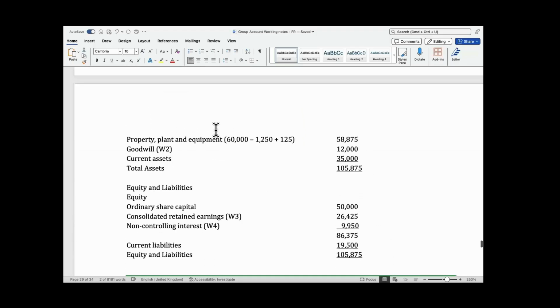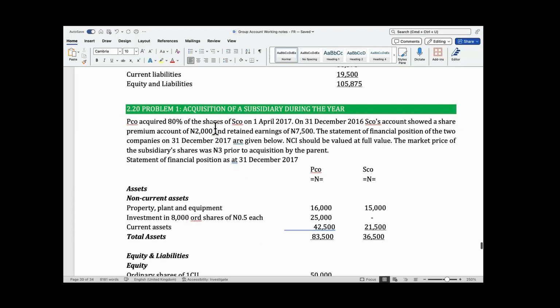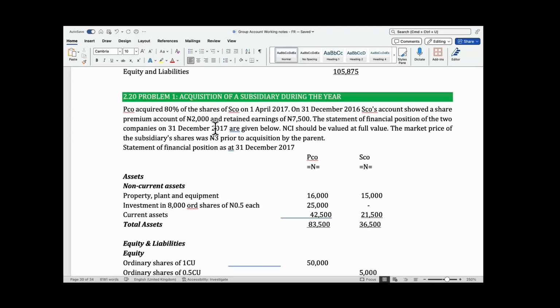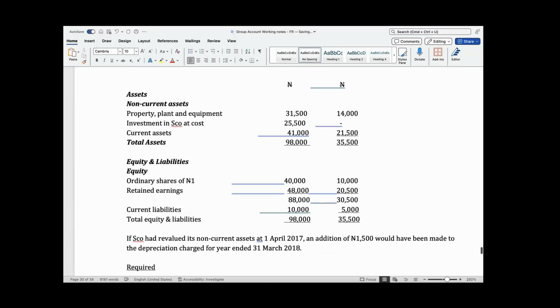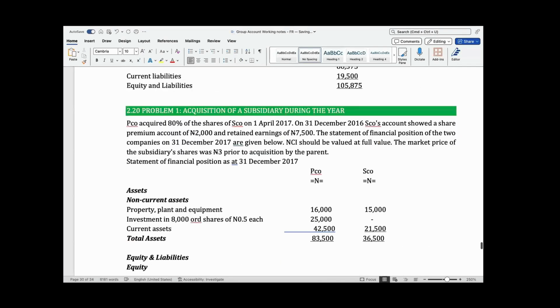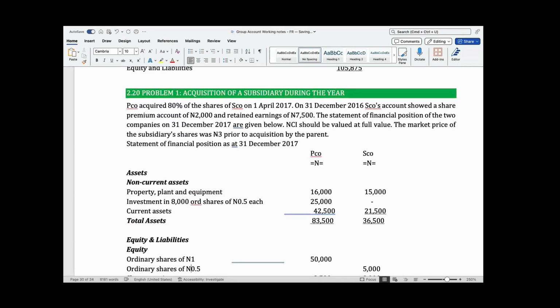Moving on. So now, this question is just to teach you a few things. Now look at this question closely. You say Pico acquired 80% of the shares of ESCO on 1st April 2017.